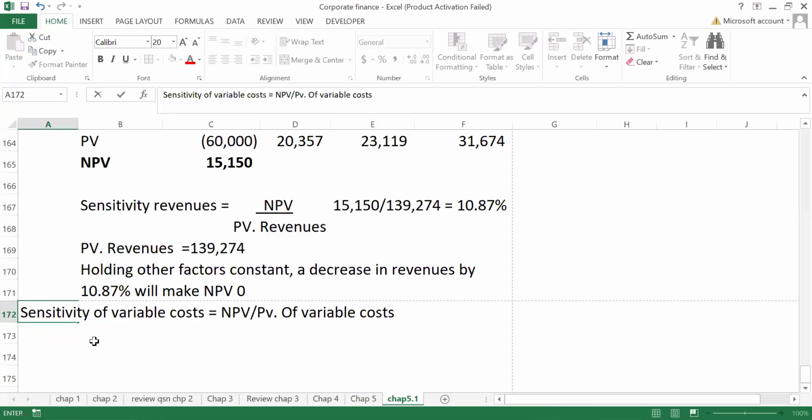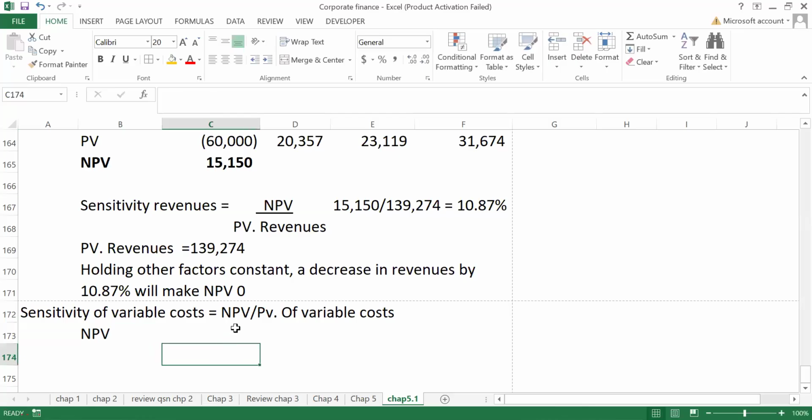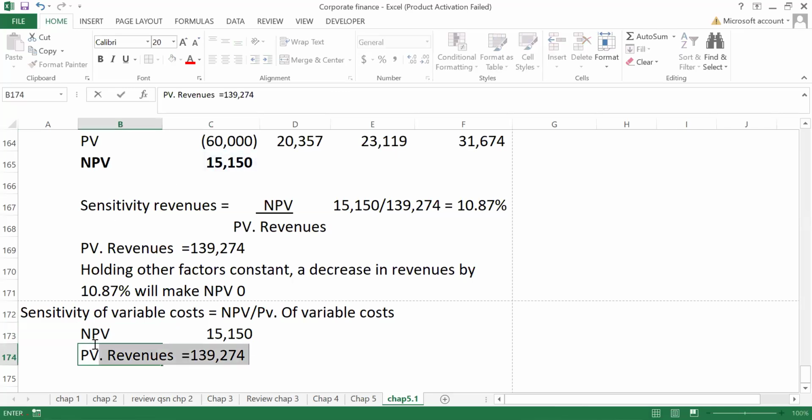Our NPV is 15,150. Our PV of variable cost is 59,320.